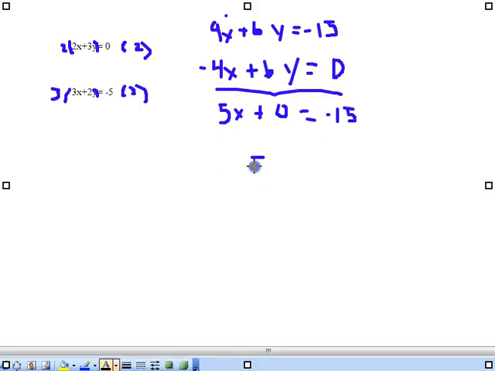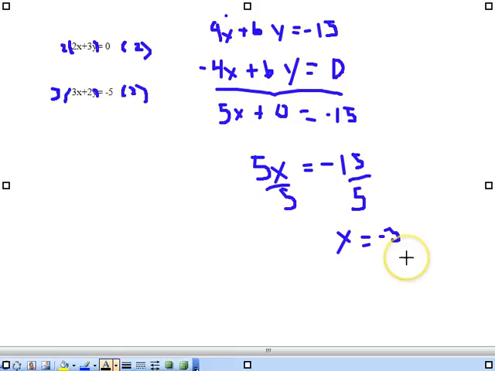So you get 5x is equal to -15. Then you divide by 5 and divide by 5, and you get x is equal to -3. Okay, and that's the first part of your solution.